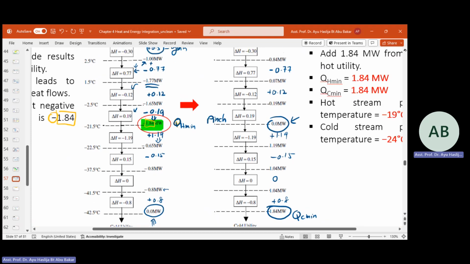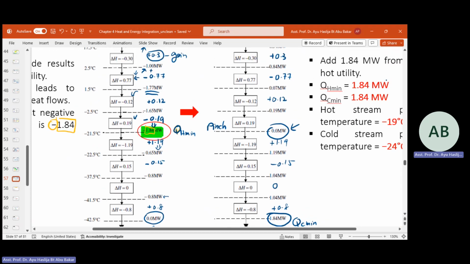Don't get confused. The QH min and the QC min are not necessarily the same. Not compulsory to be the same. In this example only, eventually they are the same.